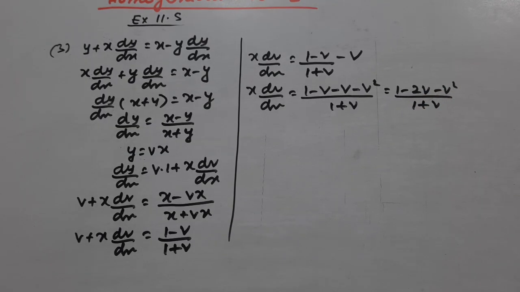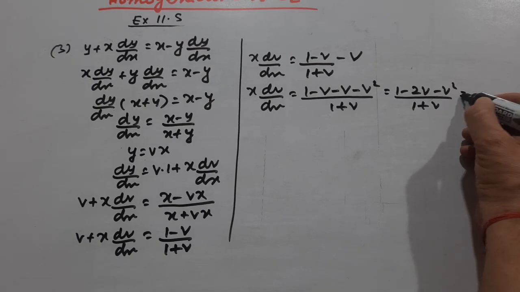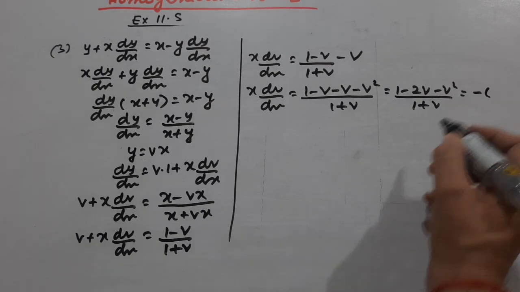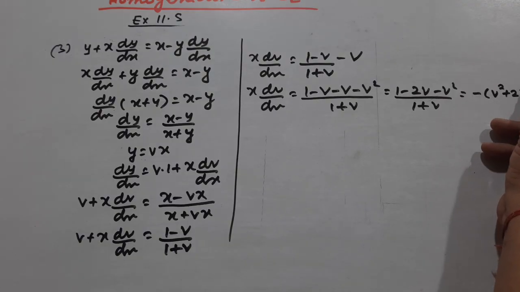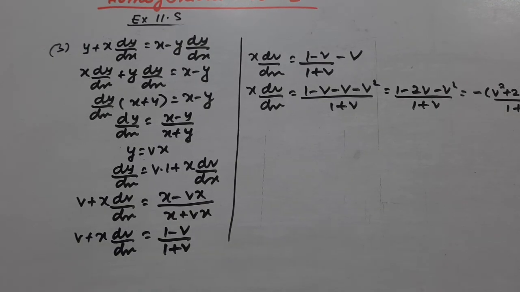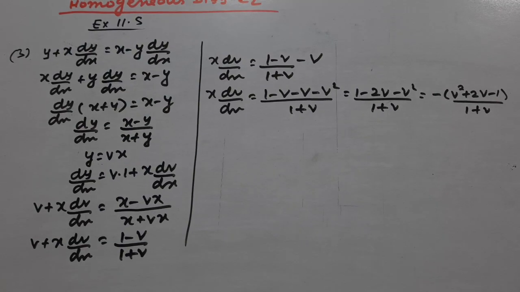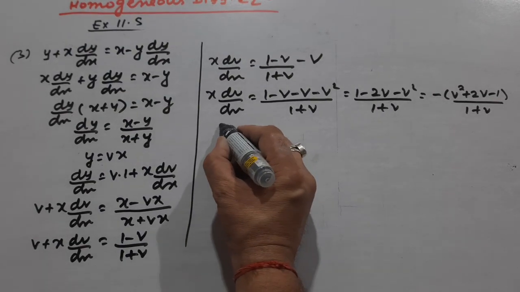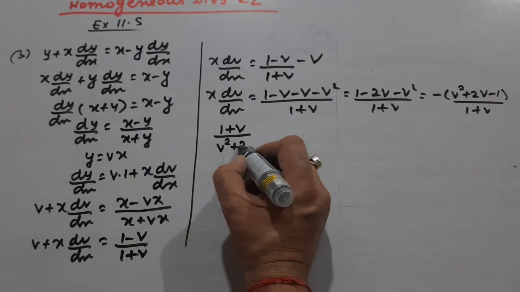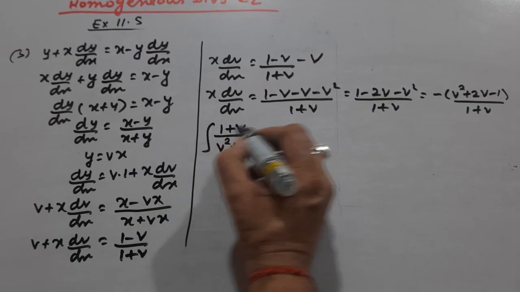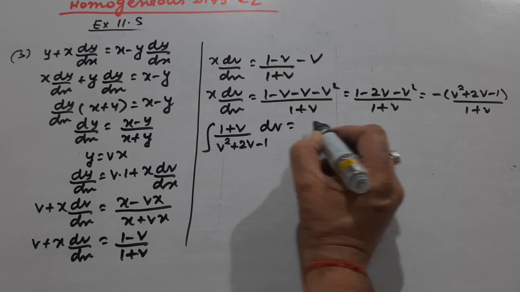Now we can take the common minus sign over here also. We can write −(v² + 2v − 1)/(1 + v), taking common minus sign. Now separating the variables, we get (1 + v)/(v² + 2v − 1) dv = −dx/x, right?